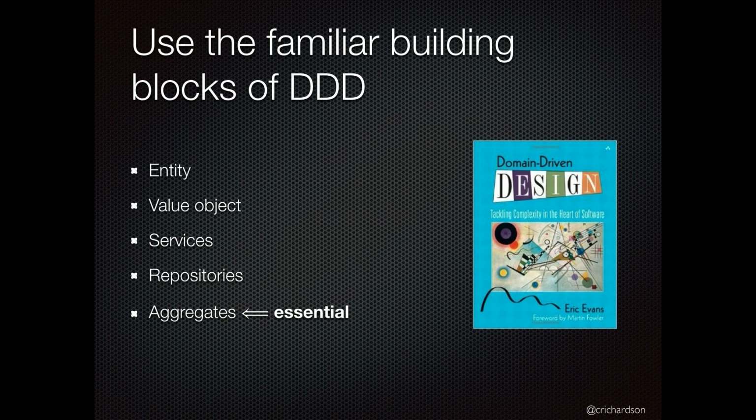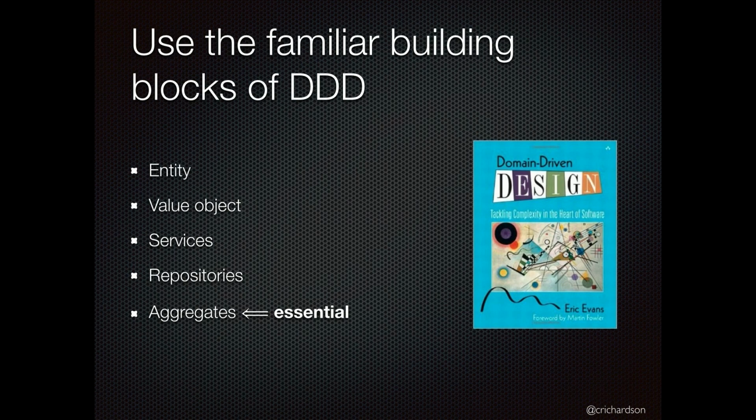You can have services that contain business logic that doesn't belong in an entity. And then you have repositories that abstractly represent collections of entities, but in practice are implemented by data access objects, so they're accessing database tables.